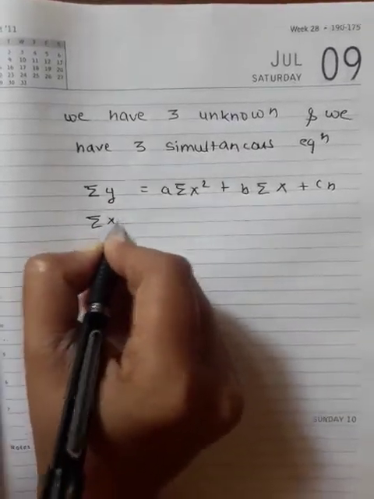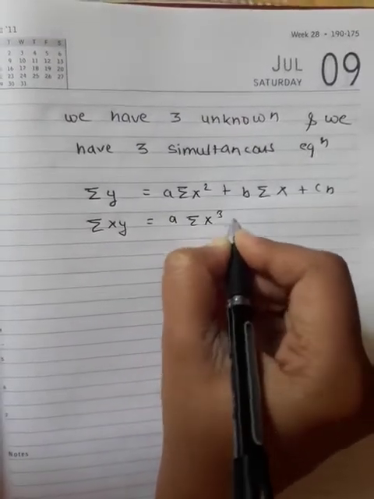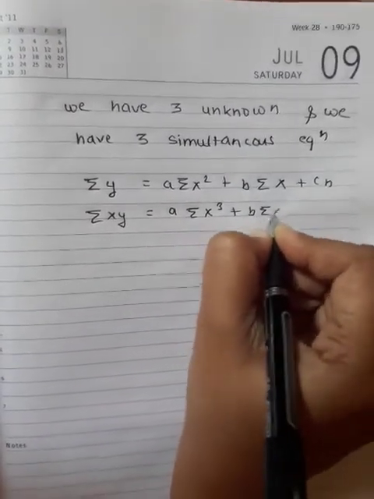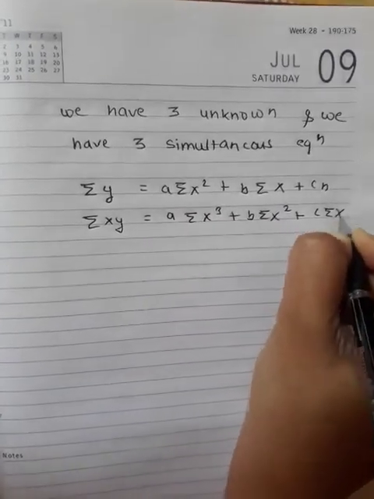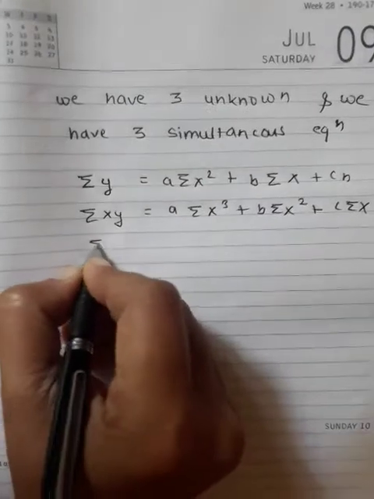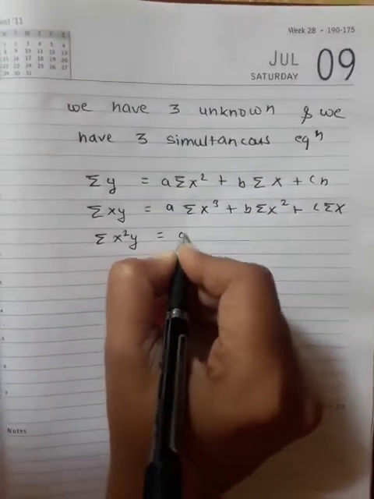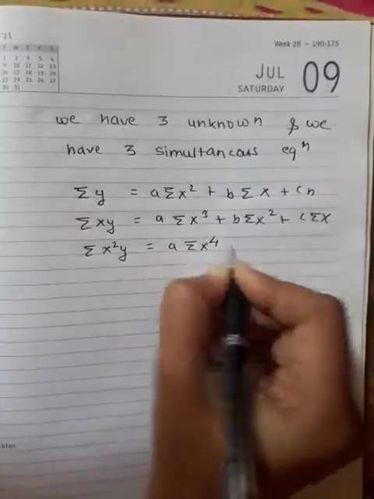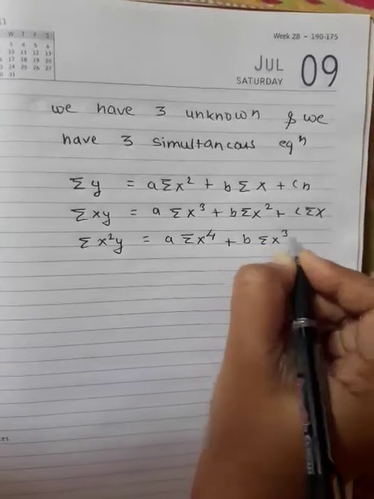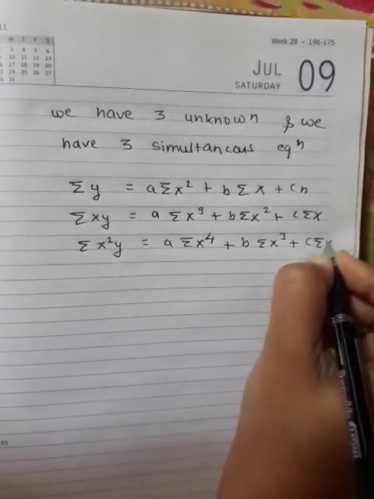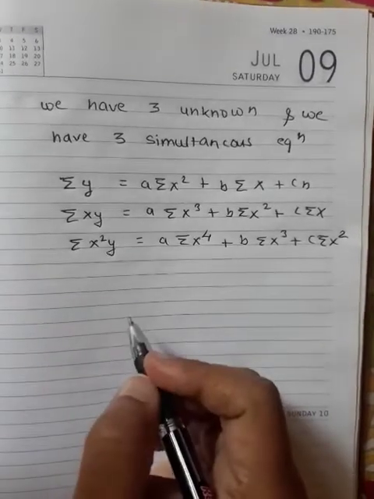Second equation: Σxy = aΣx³ + bΣx² + cΣx. And the third equation: Σx²y = aΣx⁴ + bΣx³ + cΣx². So these are the three simultaneous equations we have formed.